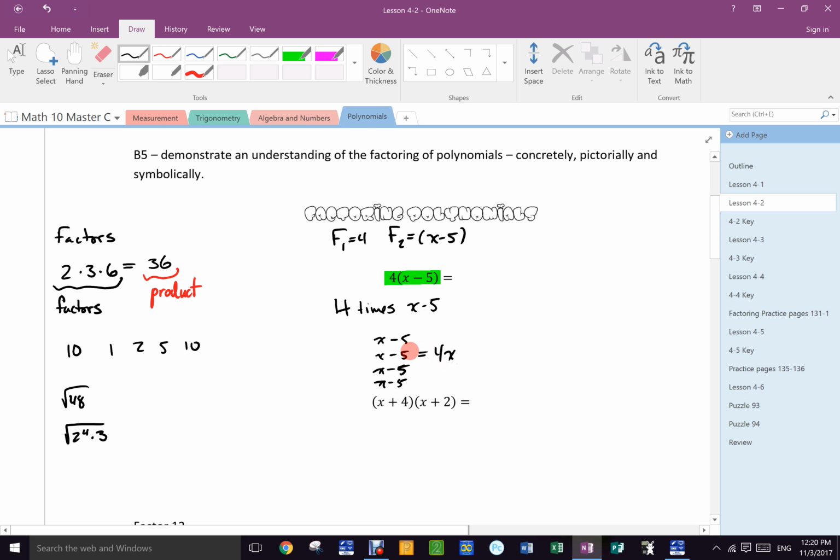How many 5s? 5, 10, 15, 20. Everybody cool? So that's what's actually happening, which makes this 4x minus 20 the product. Everybody cool?